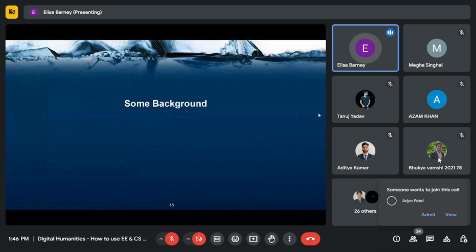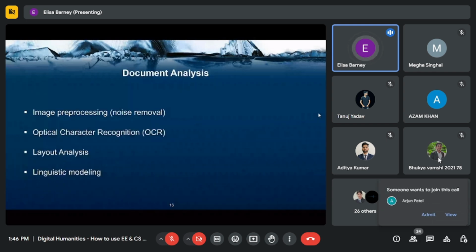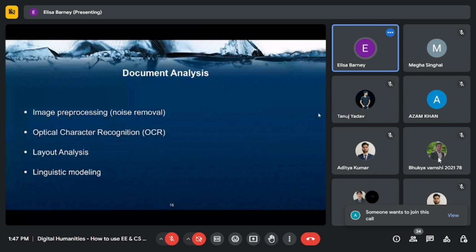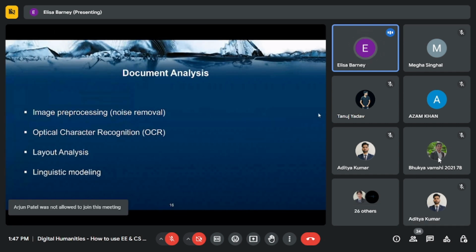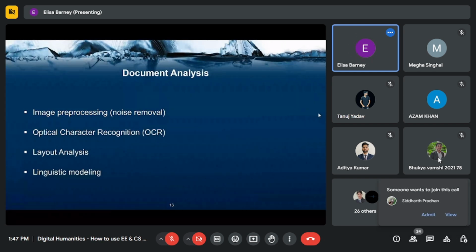So what do I do? My fields of interest and my fields of expertise are in the area called document analysis. And this involves image pre-processing. And image processing is a two-dimensional signal processing problem. So anybody who's taken a signals and systems class, expand that to two dimensions, and that's image processing, with filtering and Fourier transforms, all those fun things you learn about.